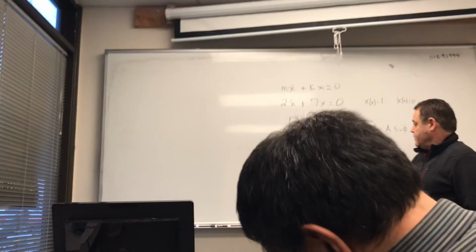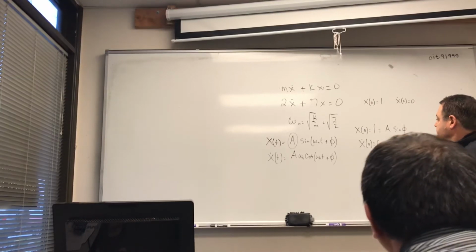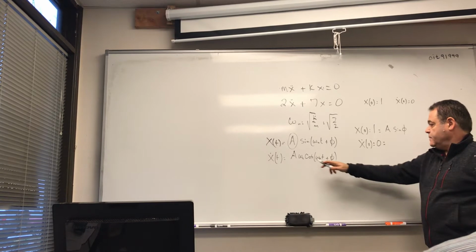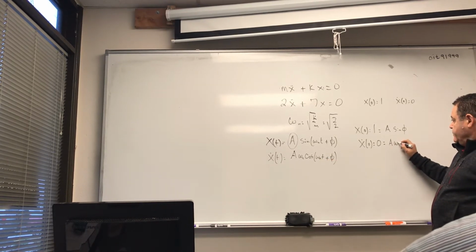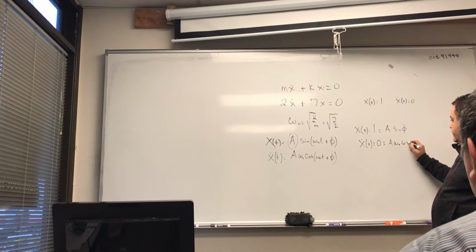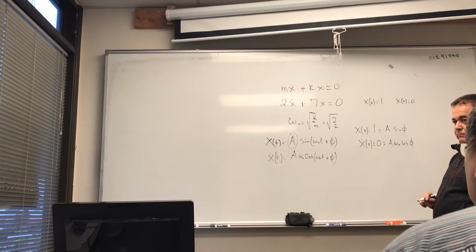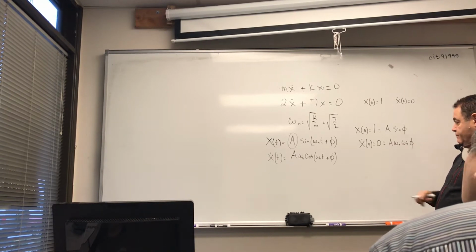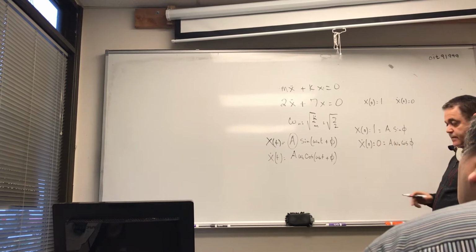So what is x dot of 0 equal to? It's 0, and this equals A omega n cosine phi. So 0 equals A omega n cosine phi. Now, how do I solve this?